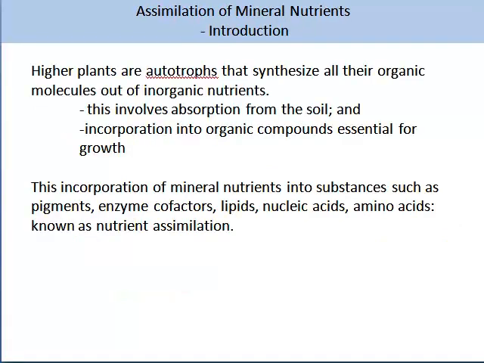Higher plants are known as autotrophs, and they synthesize all their organic molecules out of inorganic nutrients. This involves absorption from the soil and incorporation into organic compounds essential for growth. This incorporation of mineral nutrients into substances such as pigments, enzyme cofactors, lipids, nucleic acids, amino acids is all known collectively as nutrient assimilation.